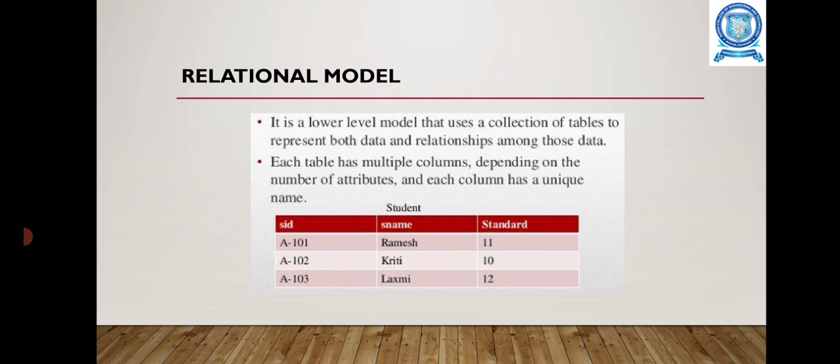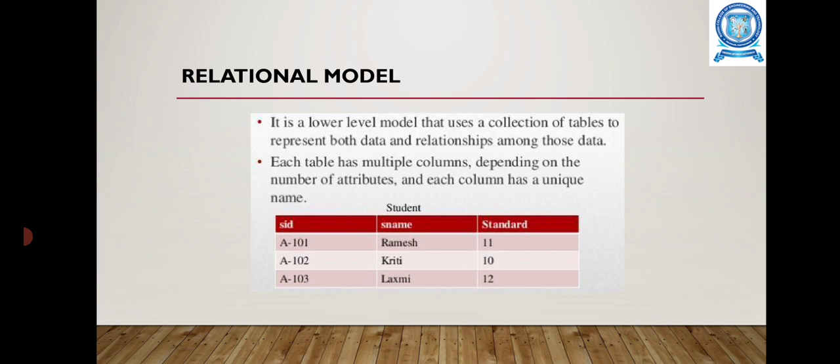In each table, multiple columns are presented, depending on the number of attributes, and each column has a unique name. In this example, this is a student table. The first column is the student ID, the second is the student name, and the next is the standard the student belongs to.